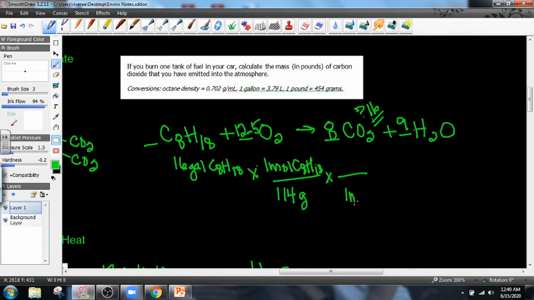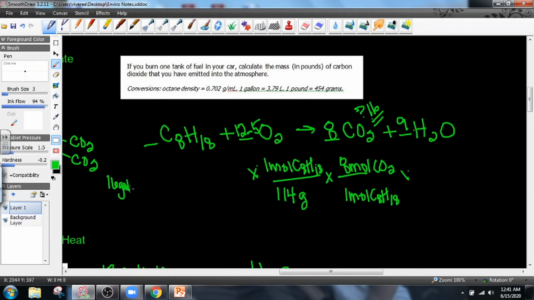Mole ratio. 1 mole C8H18, 8 moles CO2. You guys, look what I just did. I tried to convert gallons into moles using grams. Holy cow, who was going to stop me? Goodness.